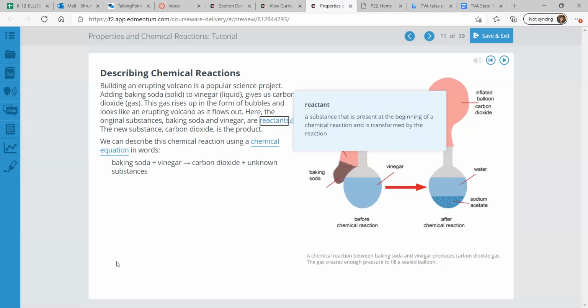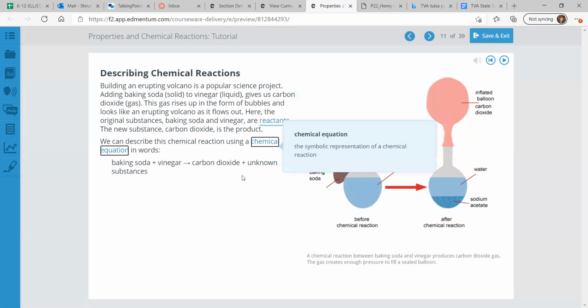So we have reactants on the left side here, and then we have the product on the opposite side. And this is a chemical equation. It represents what is happening in the reaction in a sort of mathematical equation.